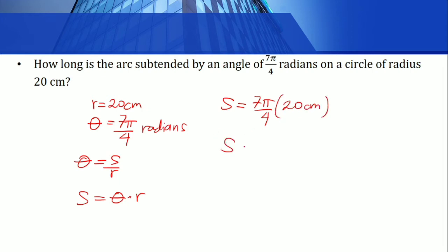So, yung S natin, that is equivalent to 35 pi or 109.956 centimeter.